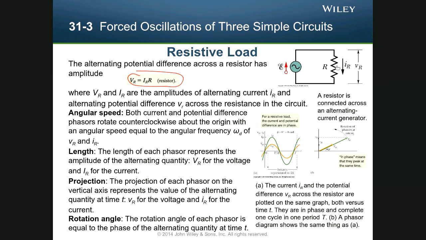Now, the angular frequency will be from the source. All right, it will be that driven frequency. And what we can see here is that the voltage and the current are in phase, meaning they both peak at the same time in these types of circuits.